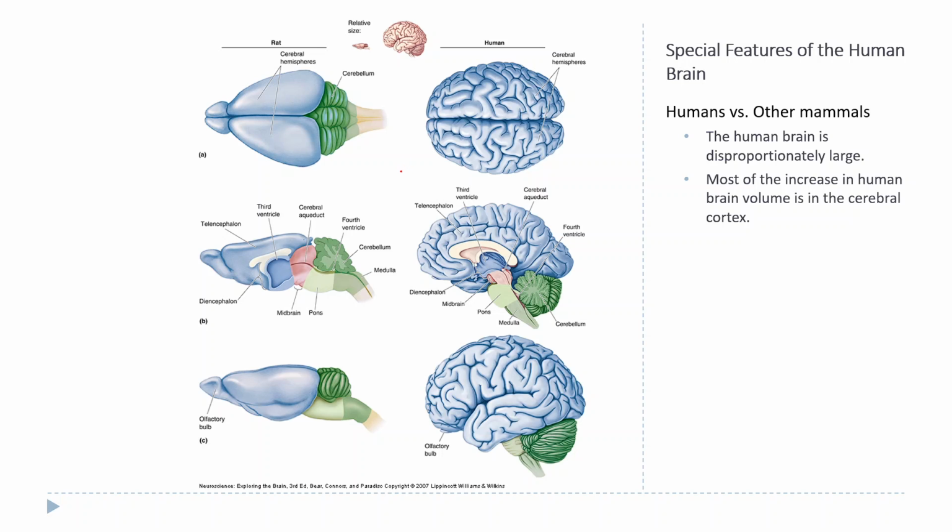So the first thing you notice if you just look at the surface of the rat brain versus the human brain is the cerebral cortex. It obviously has those bumps and grooves on it. The surface of the rat's cerebral hemispheres is basically smooth, whereas for a human there are all these sulci and gyri. And those are there probably to increase the amount of surface area of the brain.